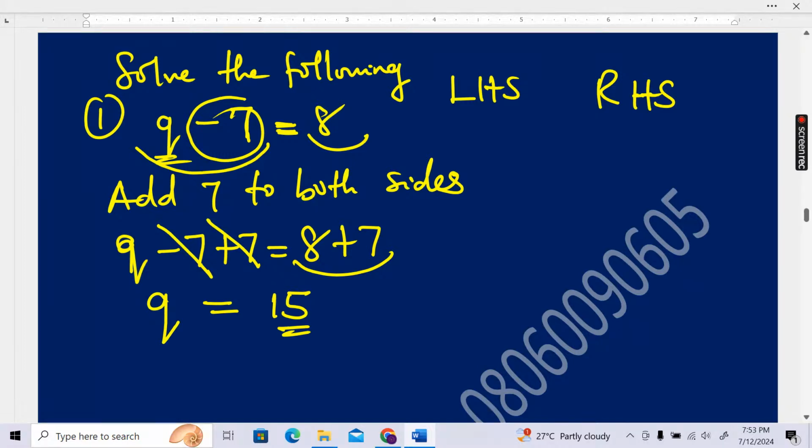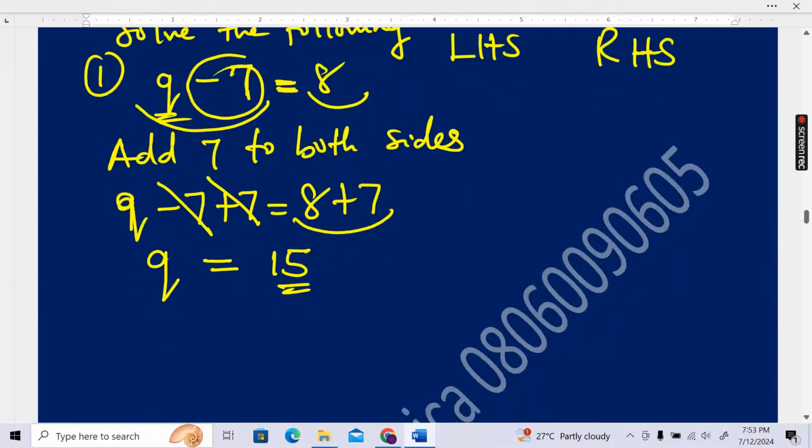This is how to solve a simple equation. If you replace the letter Q with 15, that will be 15 minus 7 is equal to 8. The statement is true. All right. Now let's look at number 2.